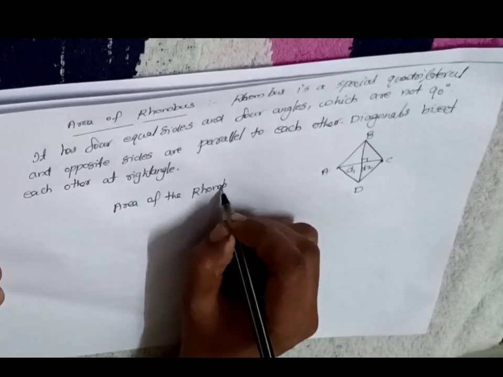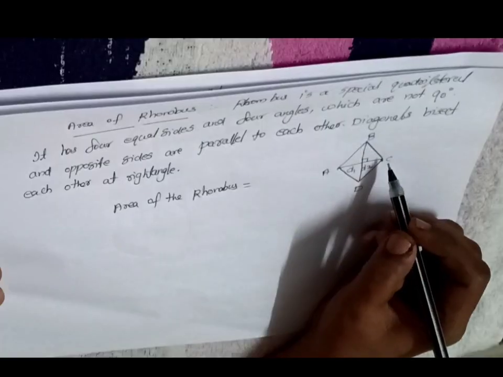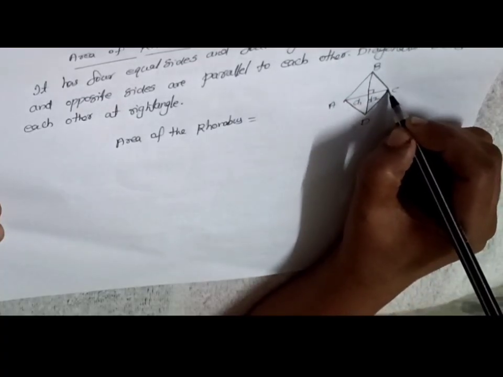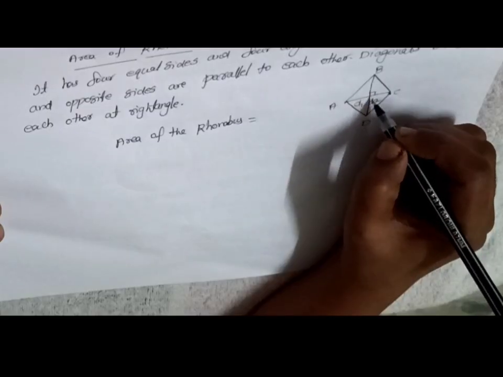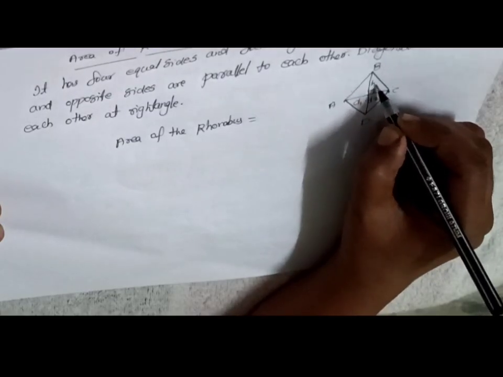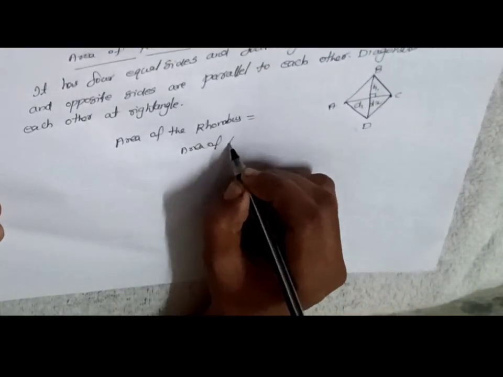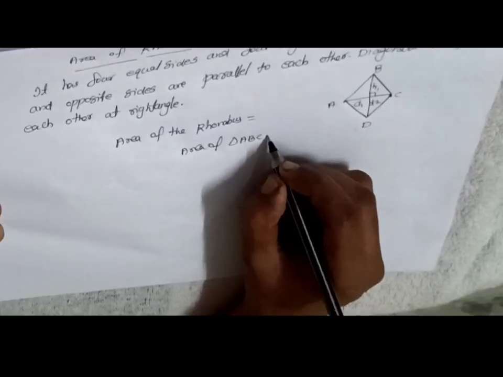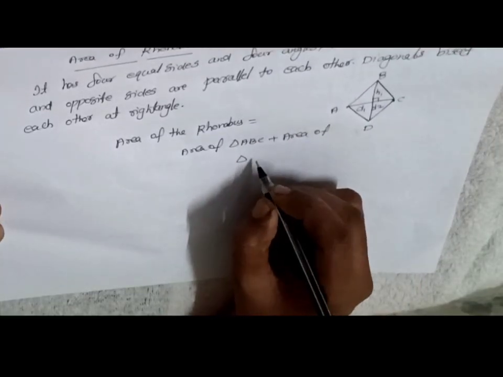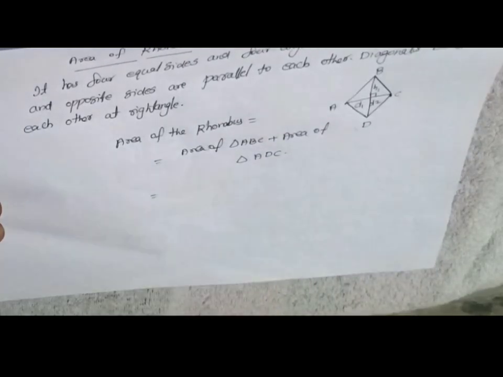Here we have to find the area of triangle ABC, where AC is the base and the height is taken as H1. First we consider the area of triangle ABC plus the area of triangle ADC.